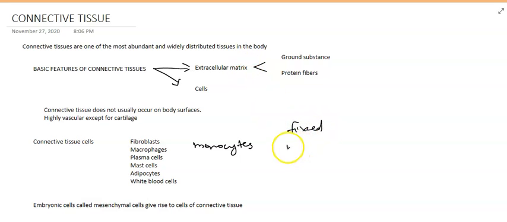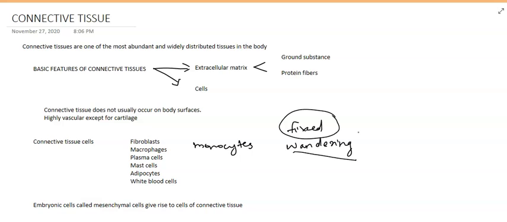Fixed means they are found in one particular place, for example alveolar macrophages, found only in the lungs, or splenic macrophages, found only in the spleen. Wandering macrophages can move throughout the tissue, and they gather at sites of infection or inflammation to carry out phagocytosis. It is a type of cell eating, and it is a part of the immune system.